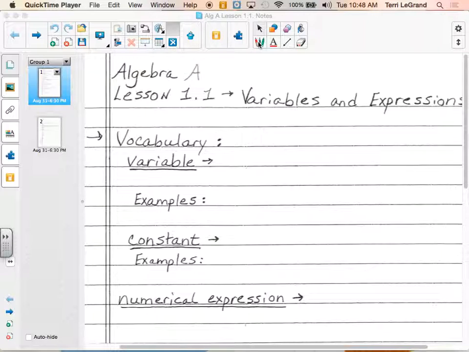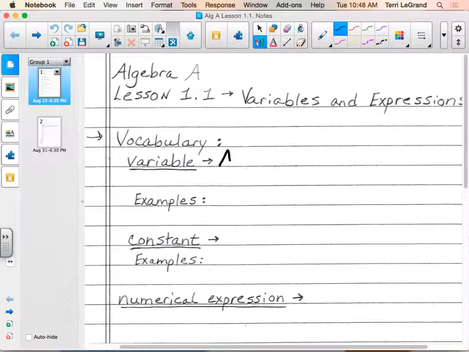A letter or symbol used to represent a value that can change. Okay, a letter or symbol. We're going to say typically it's just a letter. So let's just say, the book might say or symbol. A letter used to represent. Start there. A letter used to represent, and I expect you to be engaged in note taking.